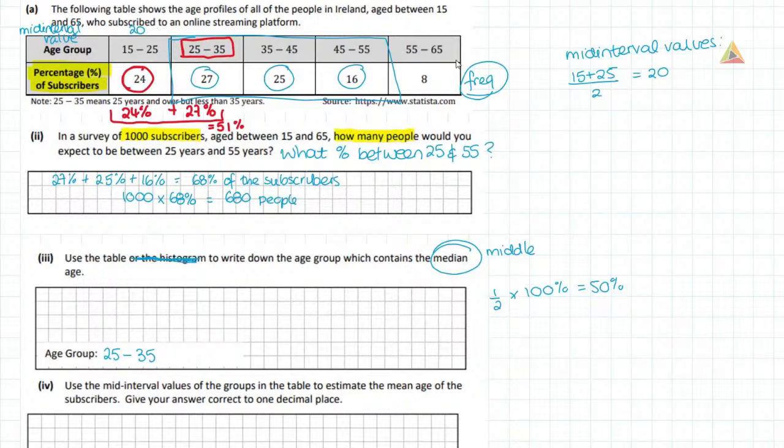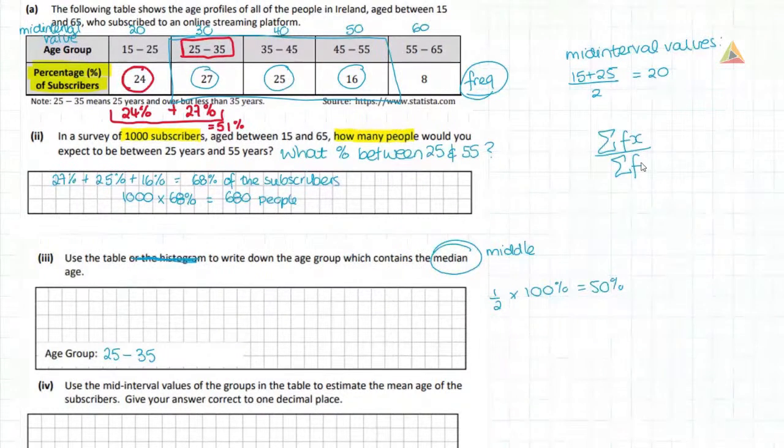We do that the same for each of them and we get 30, 40, 50, and 60, and we use those mid-interval values in our formula: the sum of the frequency times x over the sum of the frequency. So that's the formula that we're going to use.